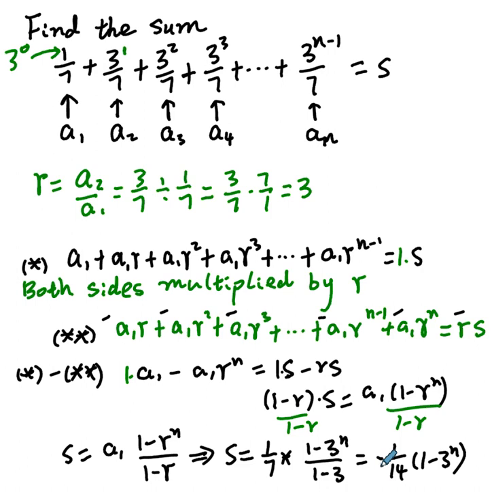You have a -14. So -1/14, and the numerator is 1 minus 3 to the nth power. This will be our final answer.